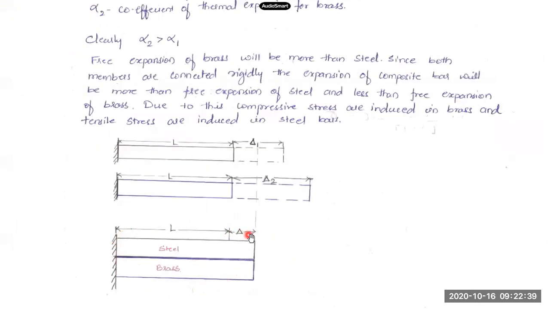The total expansion is what in this composite bar? Delta. So what I can say is expansion of brass bar should be delta, and expansion of steel bar should also be equal to delta. That is, expansion of steel and expansion of brass should be same. Okay, in this composite, if they are free, they will expand by different amounts, but now we have connected them together rigidly, so expansion or deformation in both of them should be same delta.